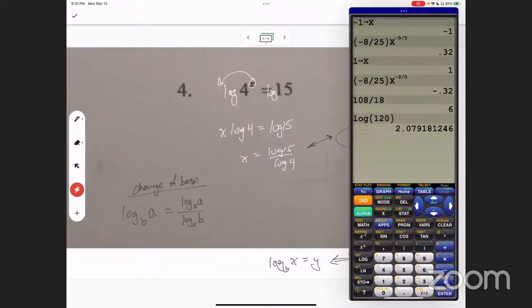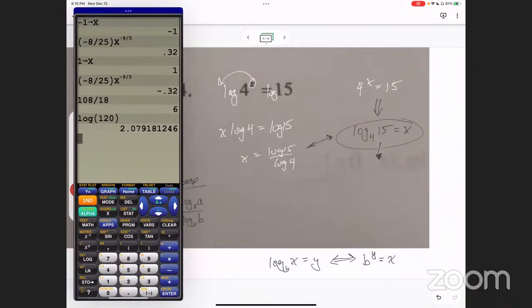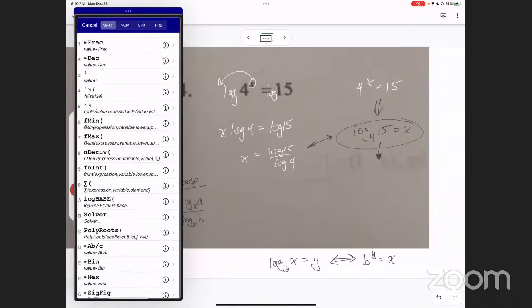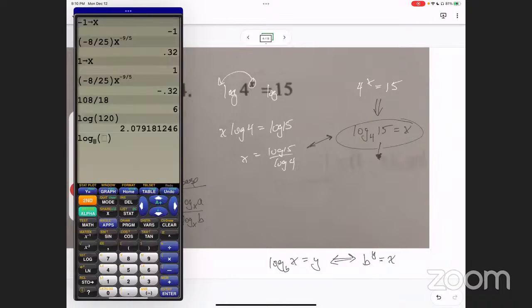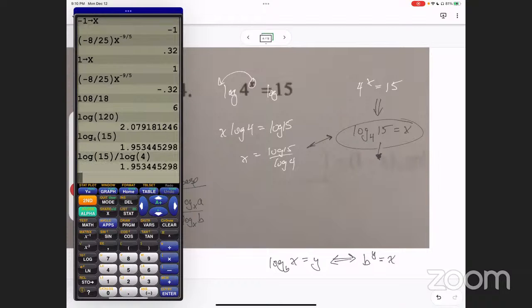Now in your calculator, you probably do have, if you know where to look for it, I think it's in math on this calculator, there's the log base. So that's the log base 4 of 15, and it gives you the answer. But you could have just used the change of base and typed in log of 15 divided by log of 4, and you'll get that same answer.